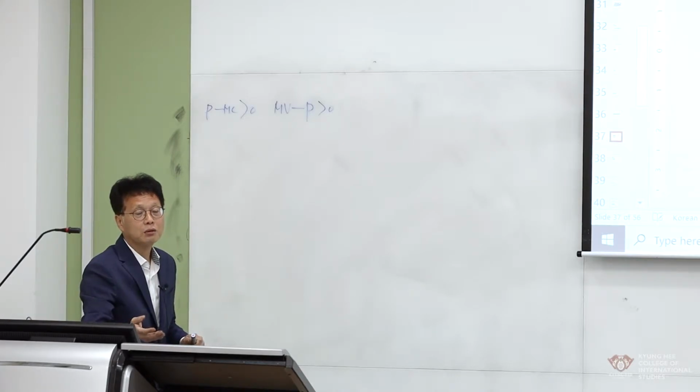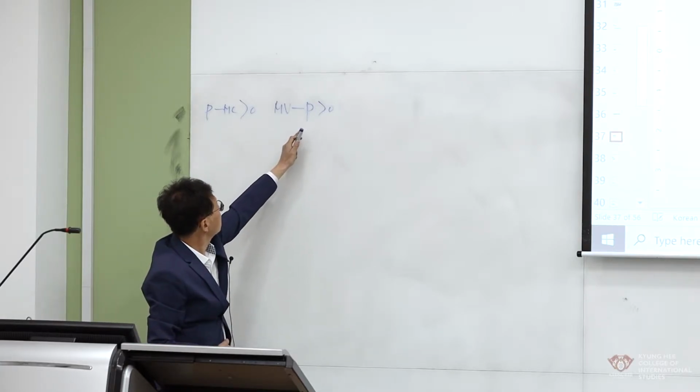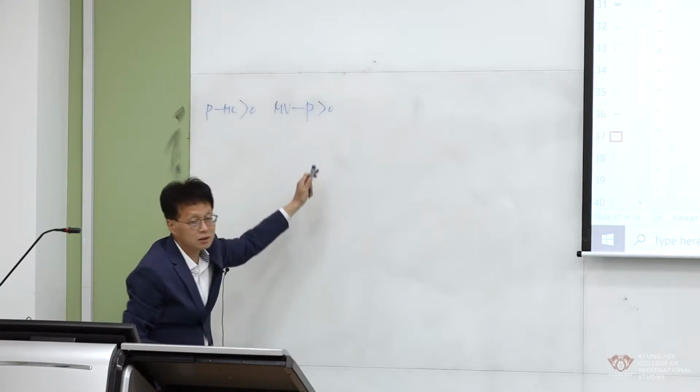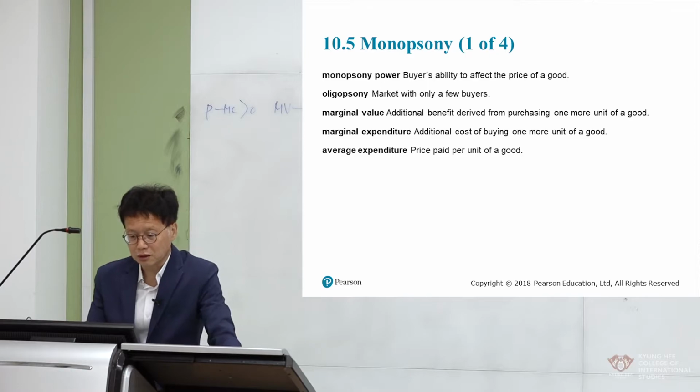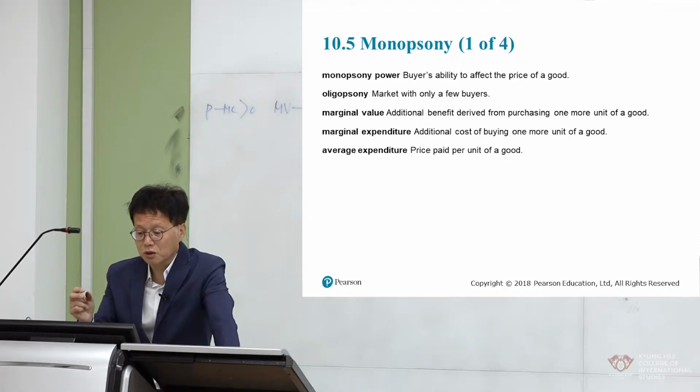So purchasing power is the power to pay a lower price than marginal value. That is monopsony power. Oligopsony means a market with only a few buyers, while monopsony means there exists only one buyer.